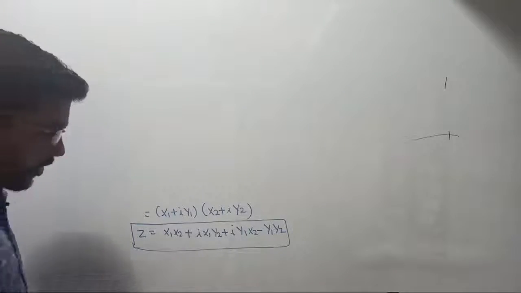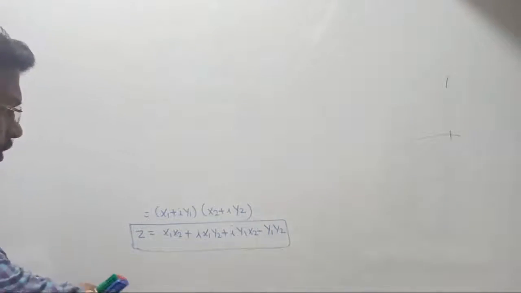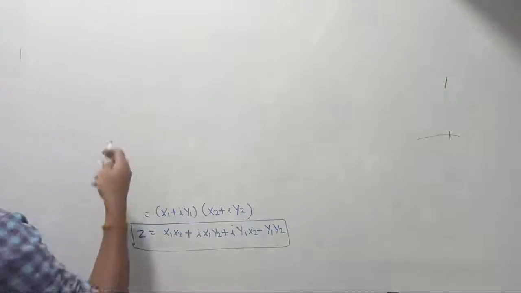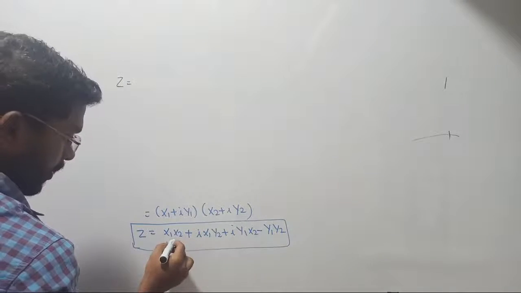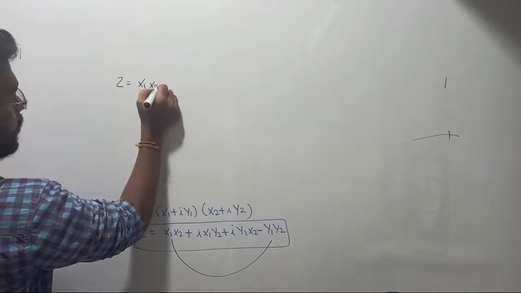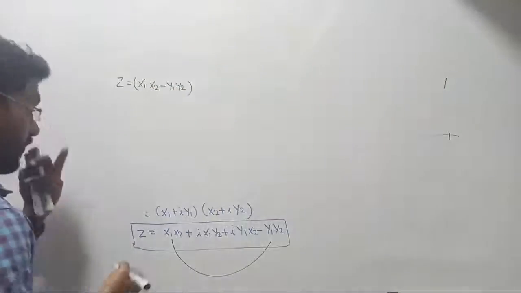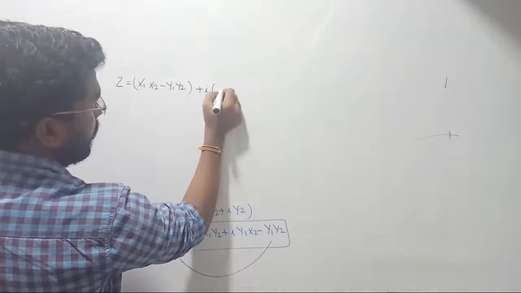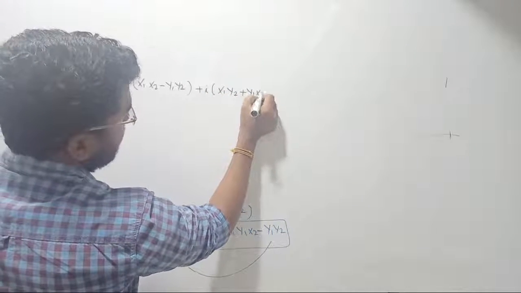Just to club them together, we need to bring the real part separately and the imaginary part separately. So let's try and do it. If I bring them together, the real part is these two terms: x1 x2 minus y1 y2, that is going to be the real part, whereas plus the imaginary part is going to be x1 y2 plus y1 x2.